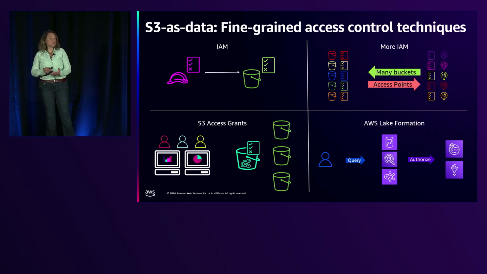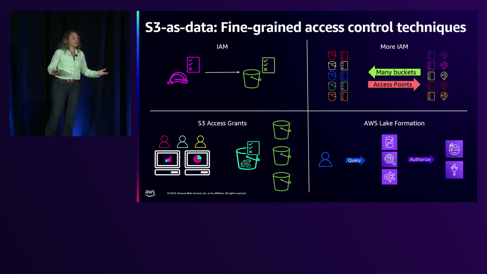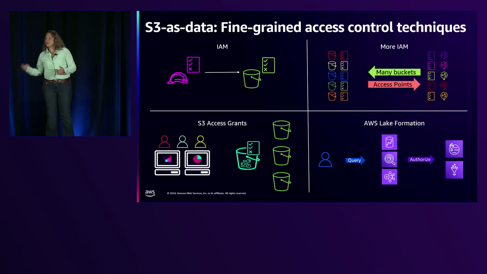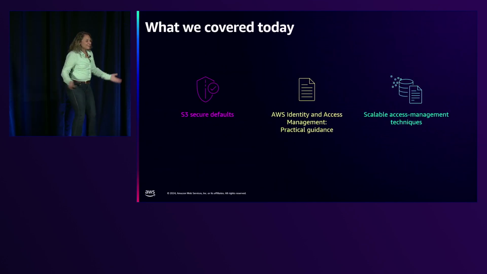And then we talked about when your shape is actually not role-based, when it's many-to-many, when it looks like a data lake. We talked about S3 Access Grants for unstructured data, Lake Formation for structured data. So that's what we did today.